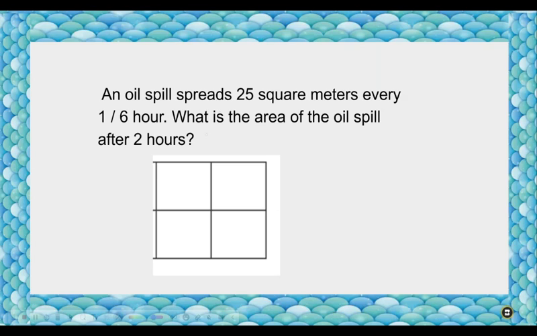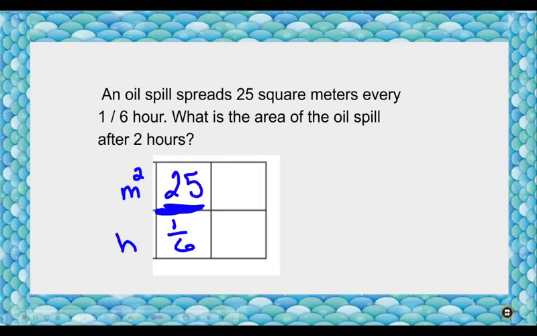Okay, an oil spill spreads 25 square meters for every 1/6 of an hour. So meters squared over hours. Okay, so we know 25 meters every 1/6 of an hour, right? So there's our ratio.